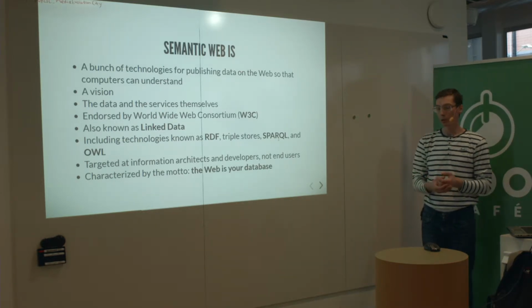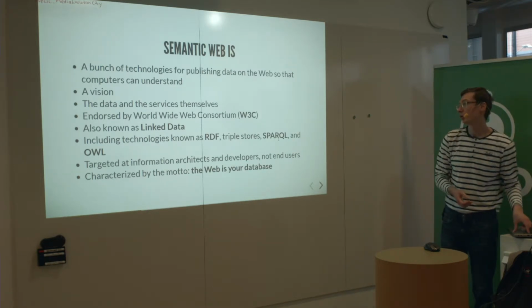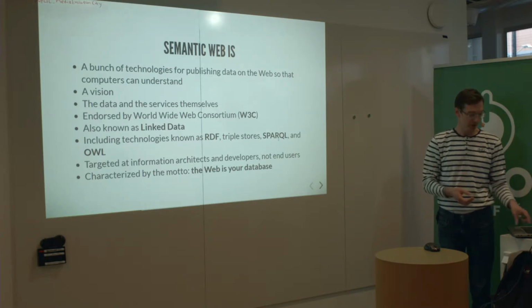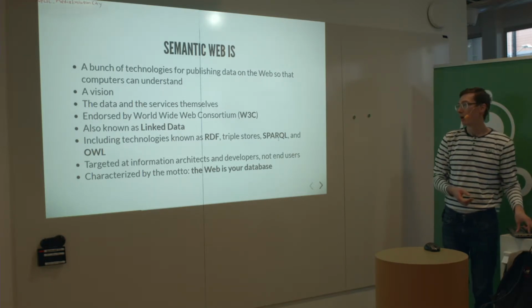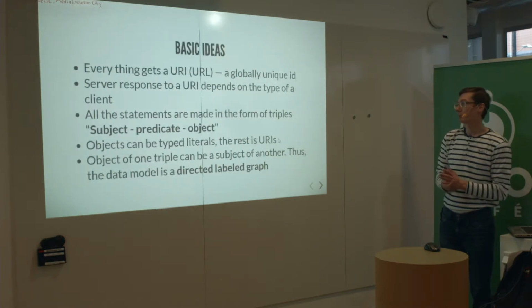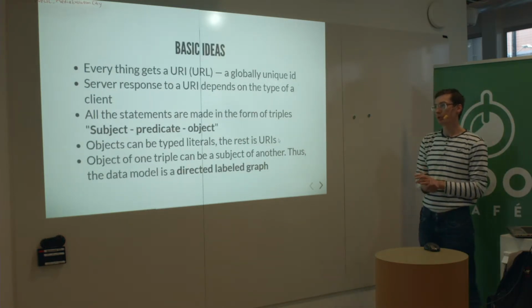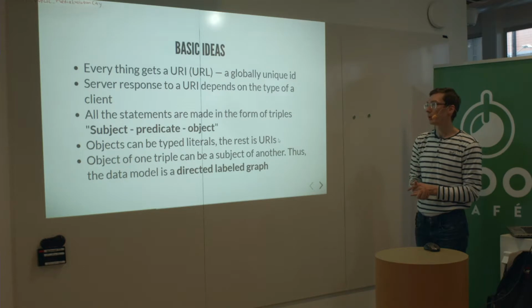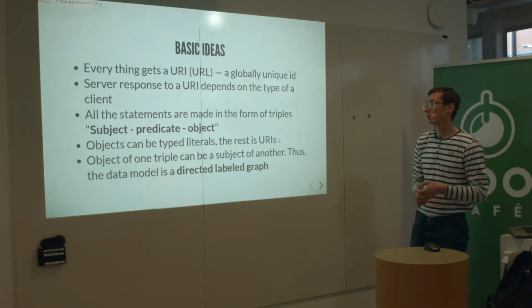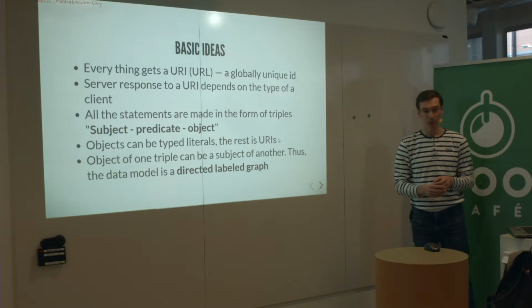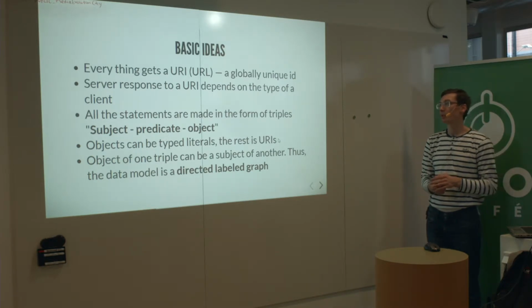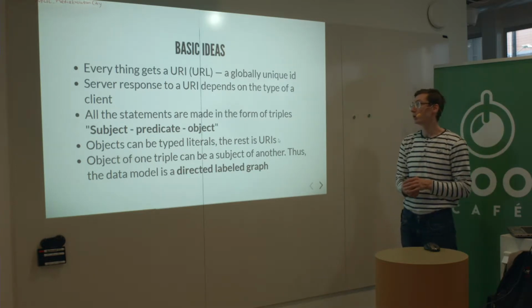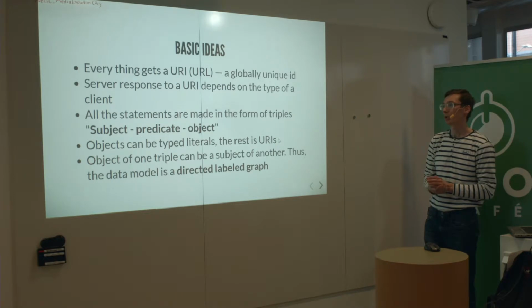One very important motto for this approach is: the web is your database. Which is related, among other things, to this query language and the services that one publishes. So one exposes the possibility to send queries to third parties, sort of like an API, but where the query is unrestricted. A few basic, very simple ideas. The key idea number one is that everything that you want to mention in your metadata gets identified by a URI or URL, which is a globally unique ID by design.